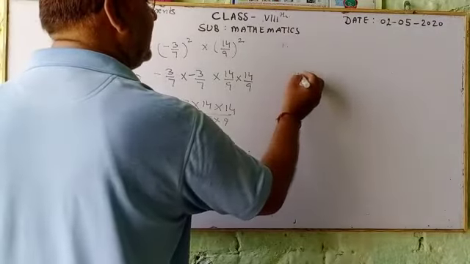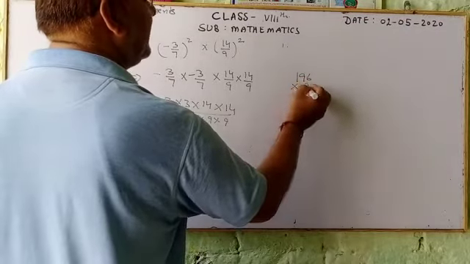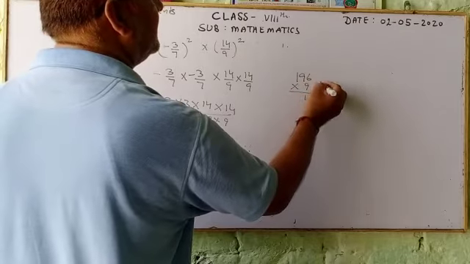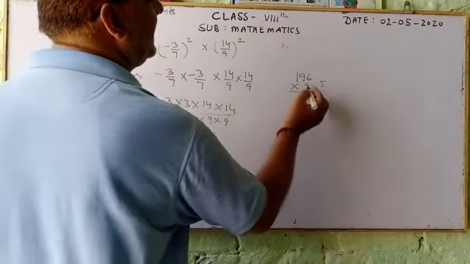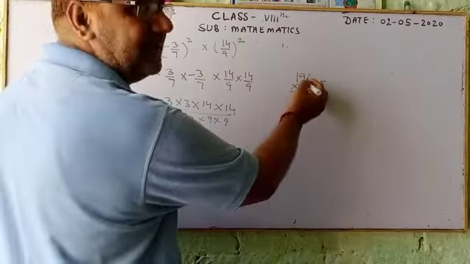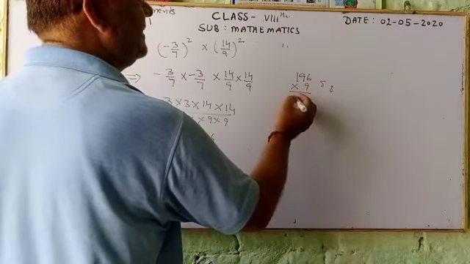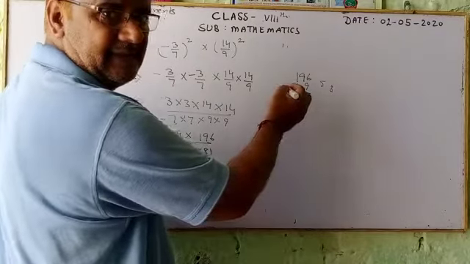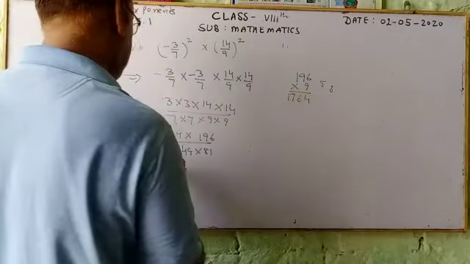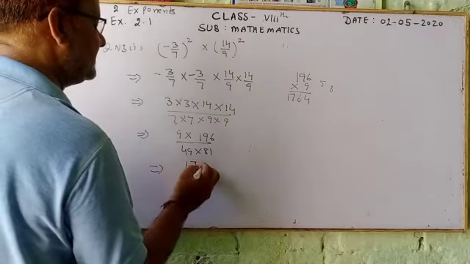We get 196 multiplied by 9: 9 6s are 54, carry 5, 9 9s are 81 plus 5, 86, 9 1s are 9 plus 8, that is 17. And we write 1764.